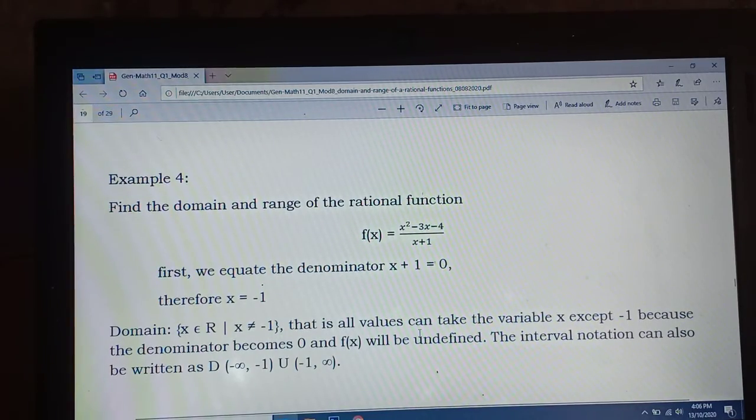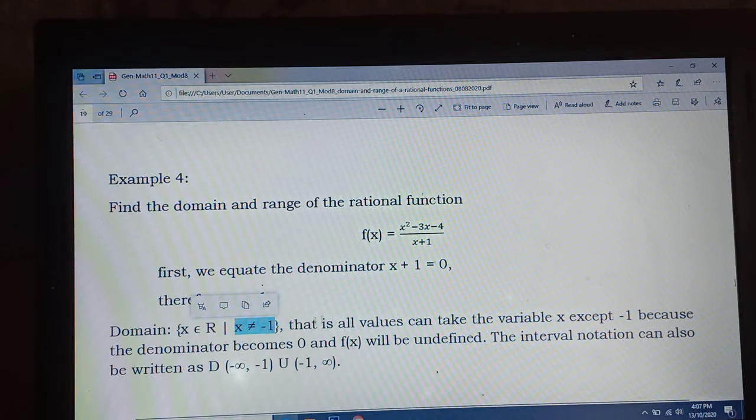Next, let's try to find the domain and range of the rational function f of x is equal to x squared minus 3x minus 4 all over x plus 1. So consider the denominator. At what value of x will make the denominator 0? That is negative 1. So let's equate to 0. x plus 1 equals 0. Then solve for x. x is equal to negative 1. Therefore, the domain is x is an element of R such that x is not equal to negative 1.